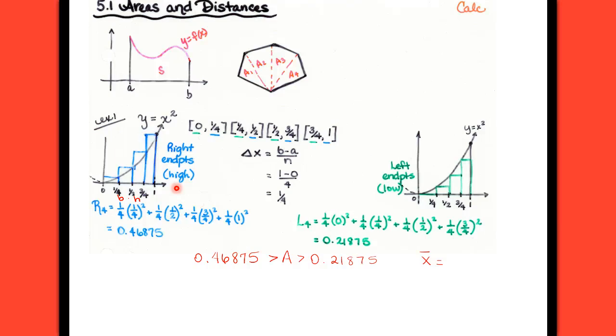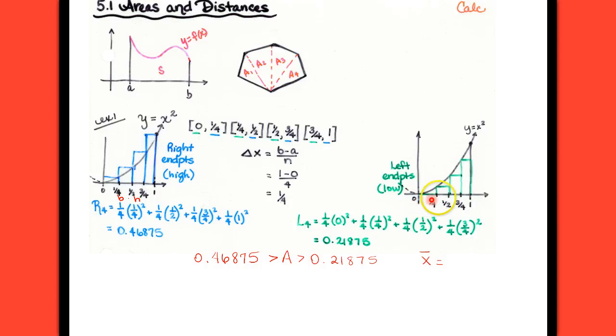The alternative then would be to set the height of the rectangles using the left-hand endpoint of the subinterval. So in that case, again, I'm going to do base times height. My base is going to be 1/4, or the change in x every single time. But this time the height is going to come from the left-hand endpoint of the subinterval.